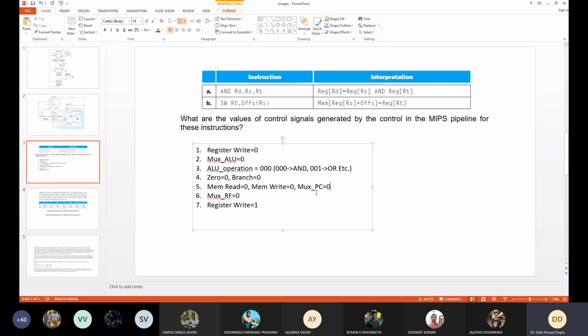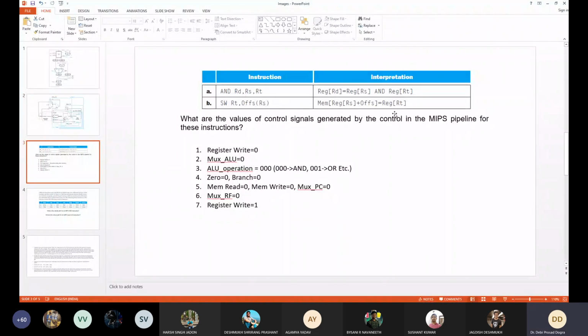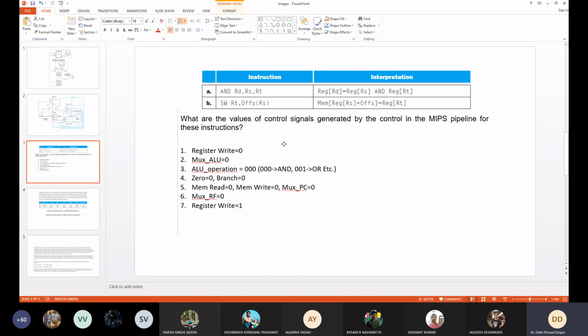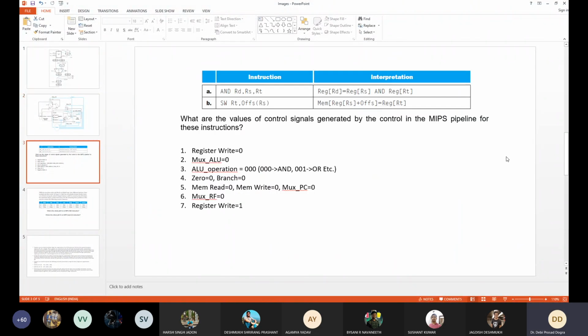So this is one way you can write down the control signals. Again, I told you the signal names I have given, and there are certain assumptions which I have made. So this is one way. I hope that you will be able to do it for the next part. Those who have not done it, follow the same logic or convention that I have used here. Can you complete the answer for part 2?